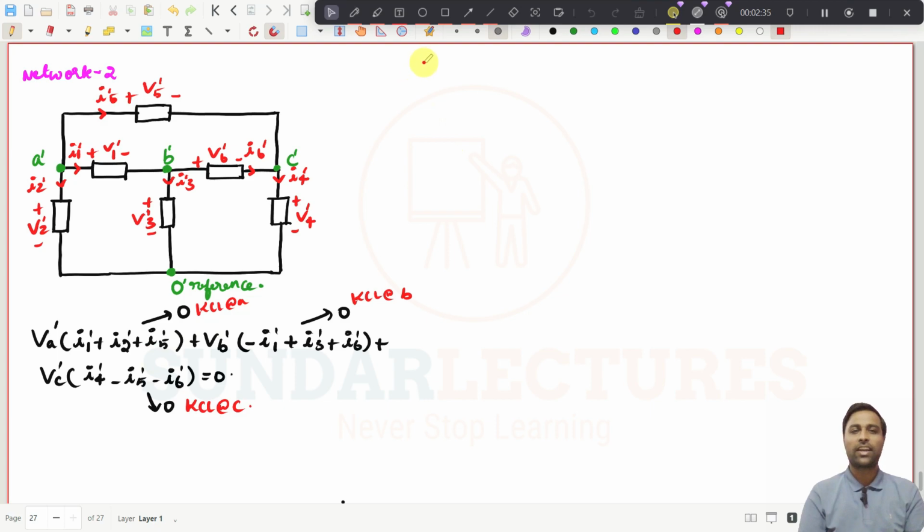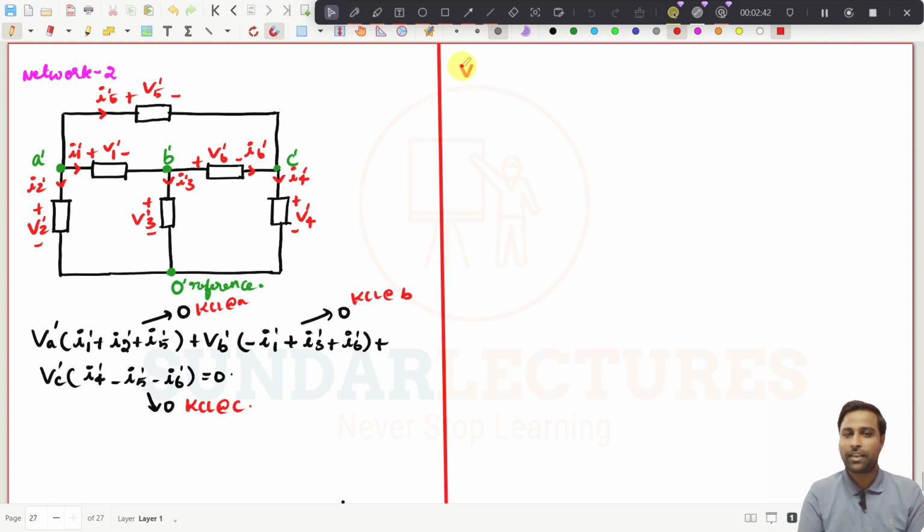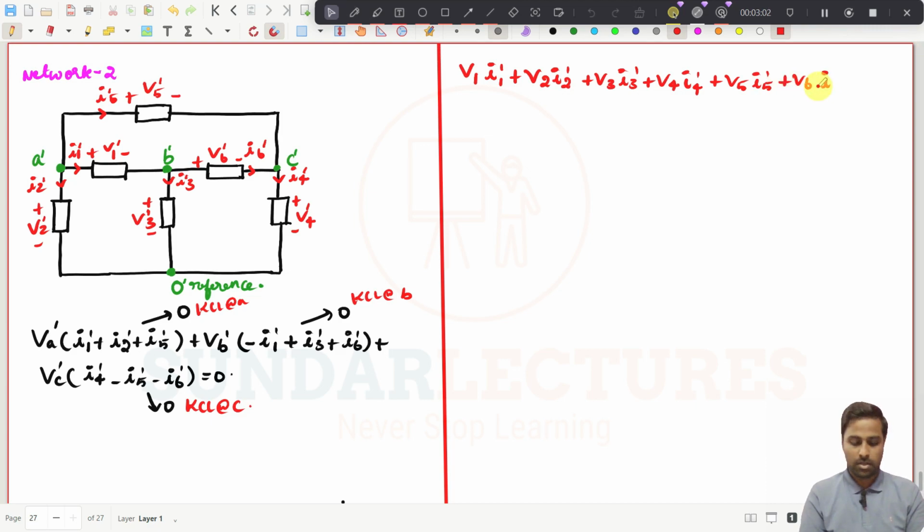So now obviously we can write down that V1 into I1 dashed plus V2 into I2 dashed plus V3 into I3 dashed plus V4 into I4 dashed plus V5 into I5 dashed plus V6 into I6 dashed can be written as 0.